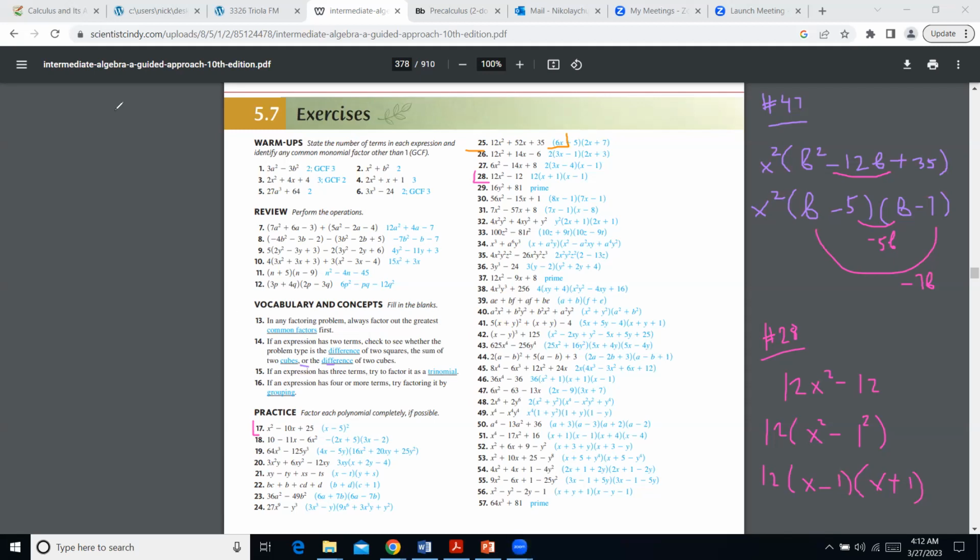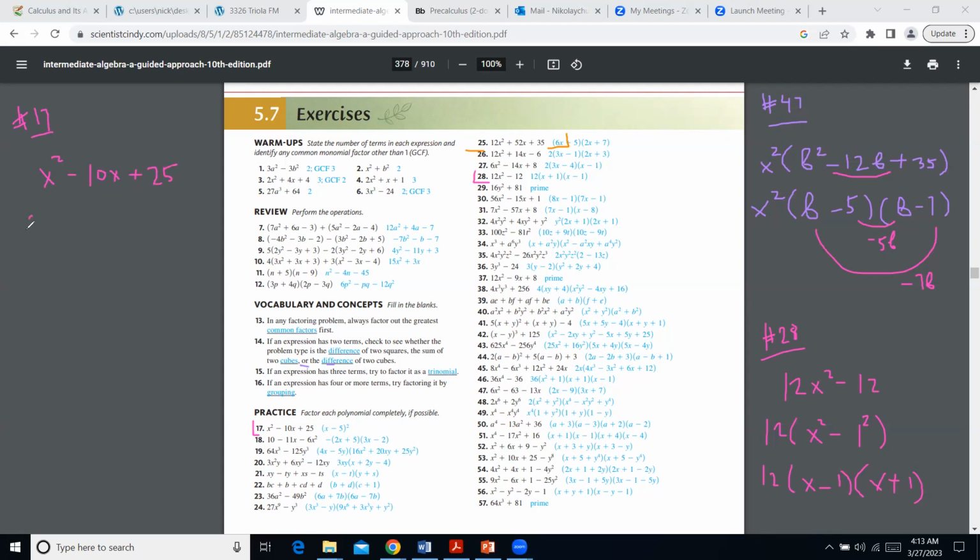So when I'm looking at 17, then I'm going to think of a pair of parentheses, because we have a trinomial here, x squared minus 10x plus 25.